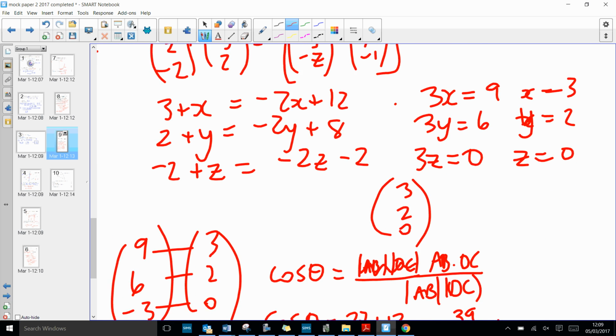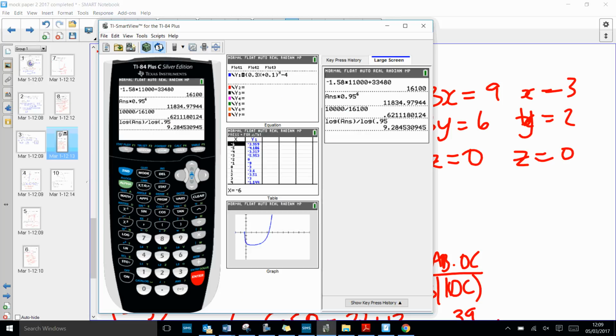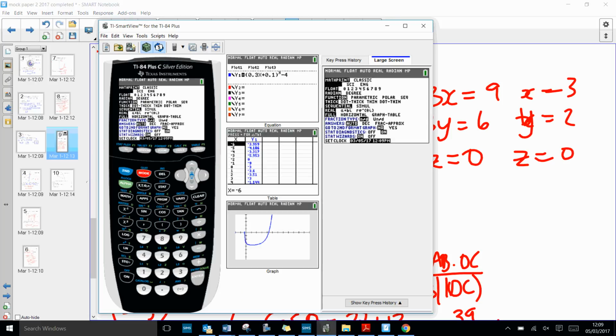It doesn't really matter what. So let's change our calculator to degrees.